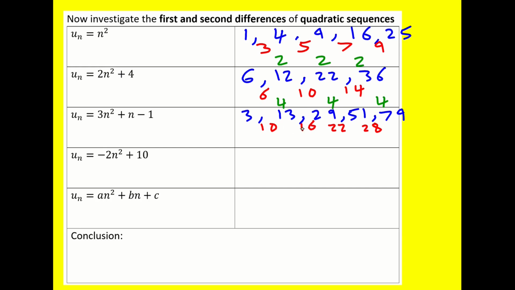So I now see that the second difference is 6, and then 6, and then 6.